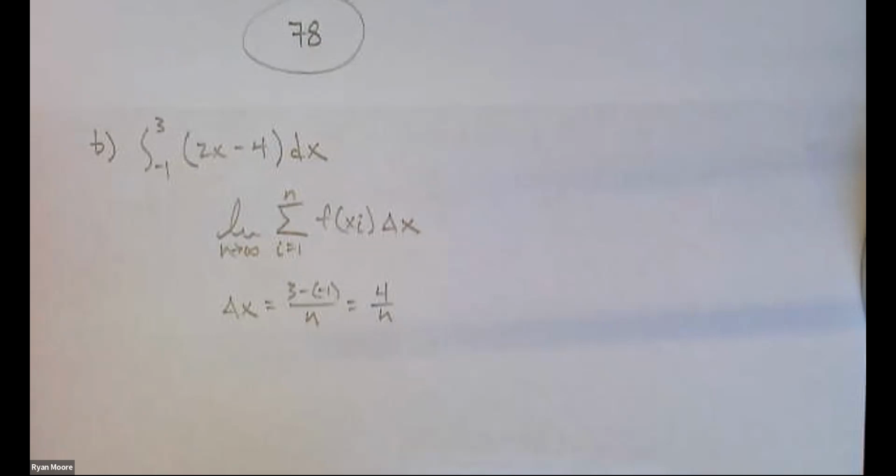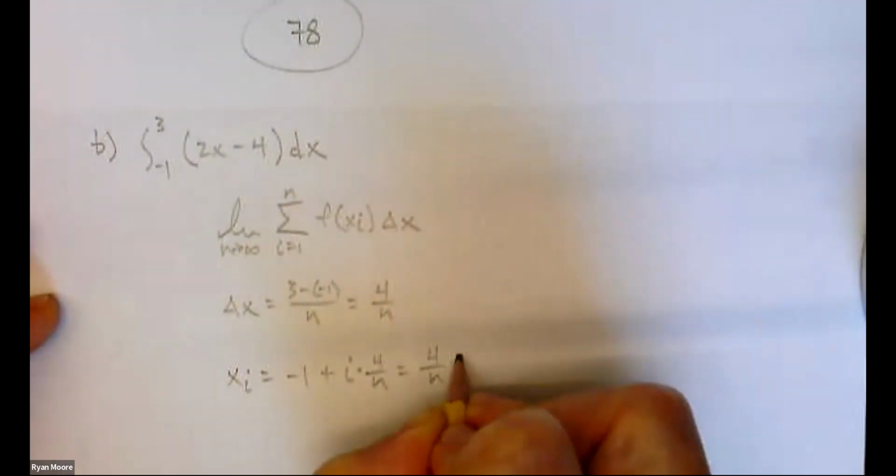We got to start with delta x. Delta x equals b minus a over n, so 3 minus -1 over n. Here that is 4 over n. And x sub i, this time we have a number, -1, plus i times our delta x. I'm going to write this a little bit neater as 4 over n times i minus 1.